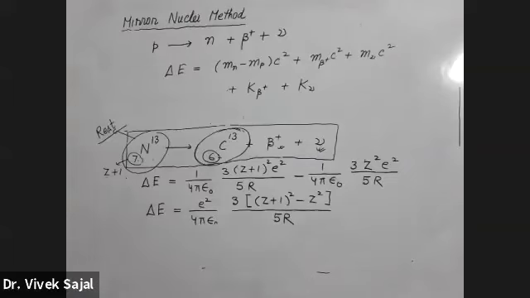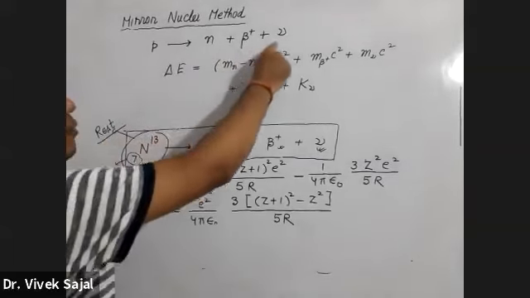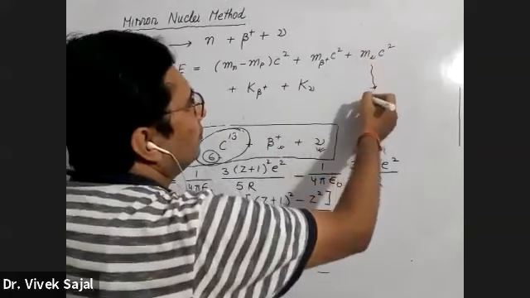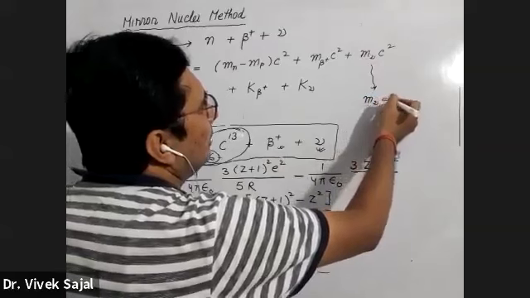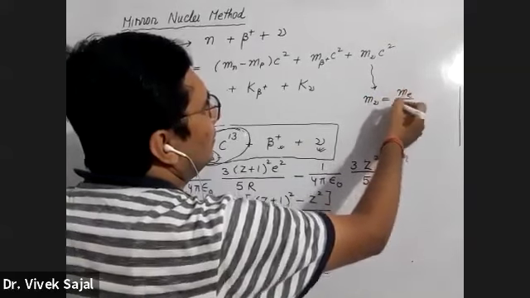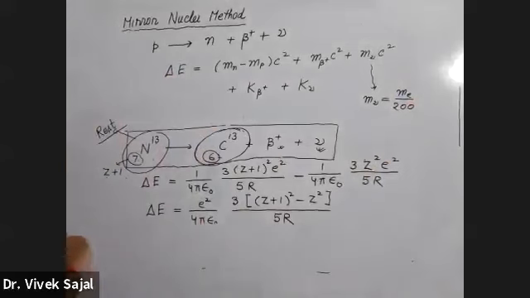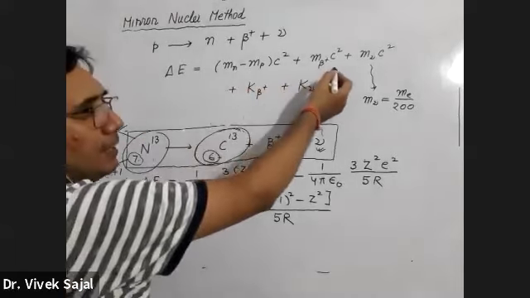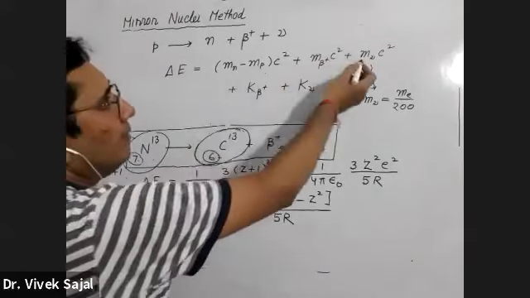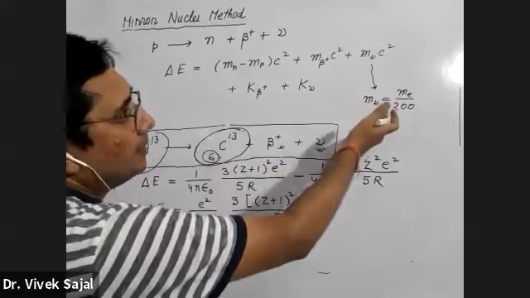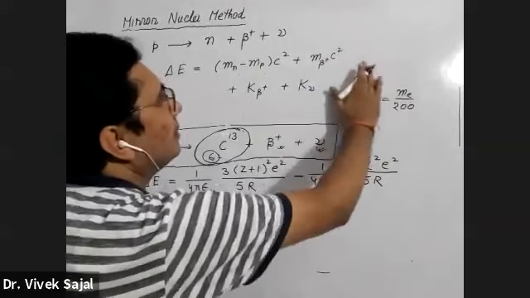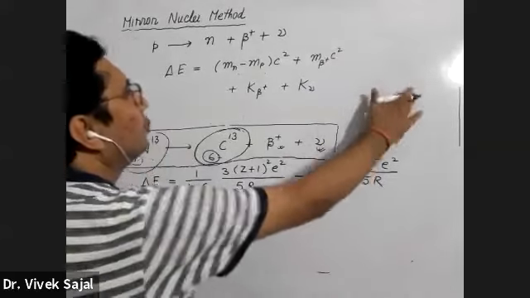So most of the kinetic energy will be with the positron or the neutrino. And what is the mass of the neutrino? The mass of the neutrino is roughly equal to the mass of the electron divided by 200. So it is even smaller. This value will be around 0.51 MeV, and the neutrino's value is 0.51 divided by 200, so much lower. So we can neglect this. This is negligible, so I neglect this.